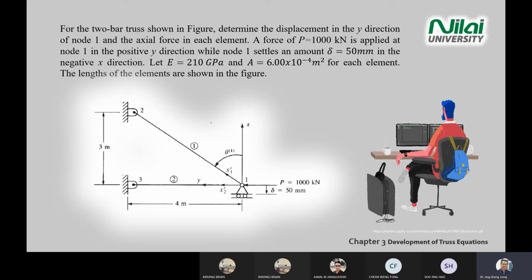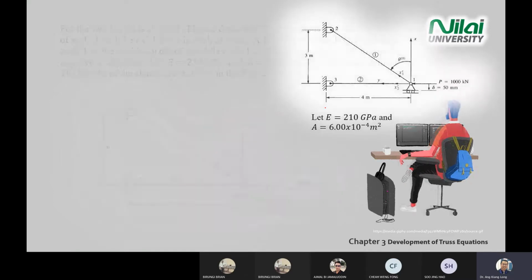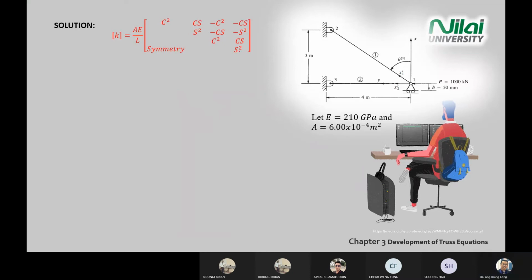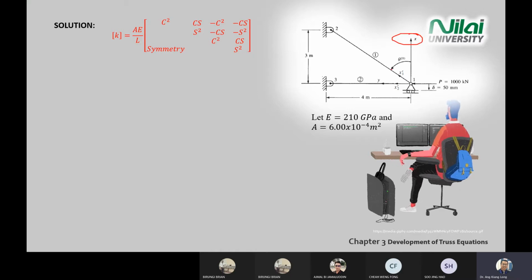Next, I'm going to show you the steps. First, you call out the K matrix for the conversion: C squared, CS, S squared, minus CS, and so on. This is a standard matrix, used when you are considering the X to X prime axis.